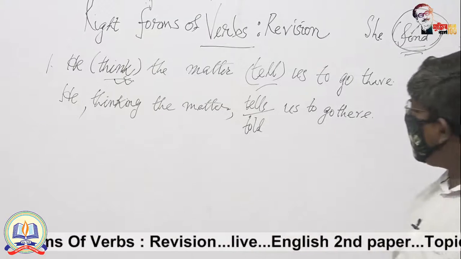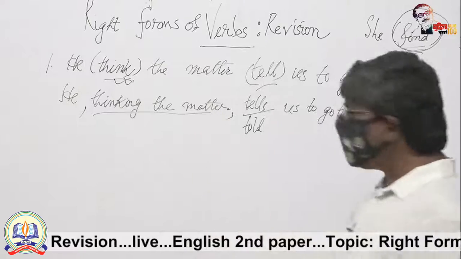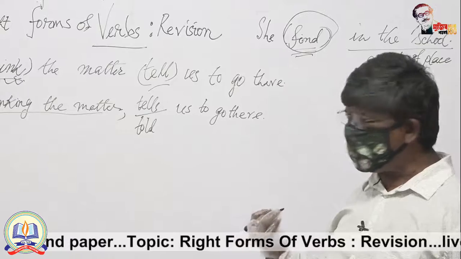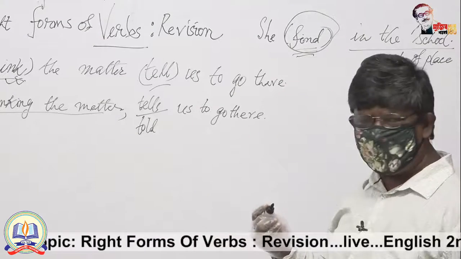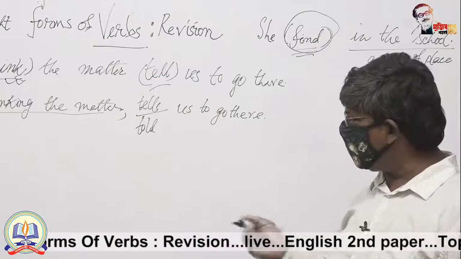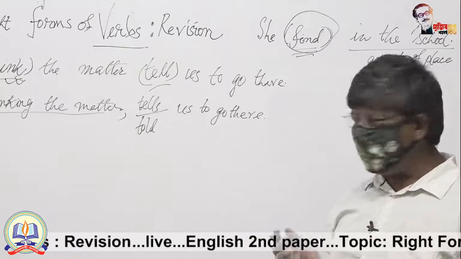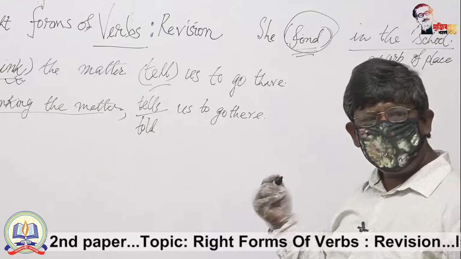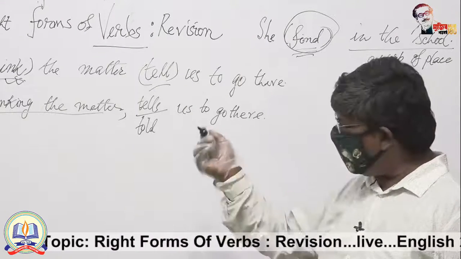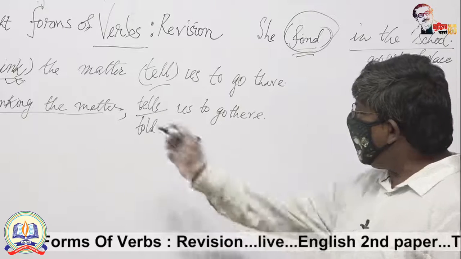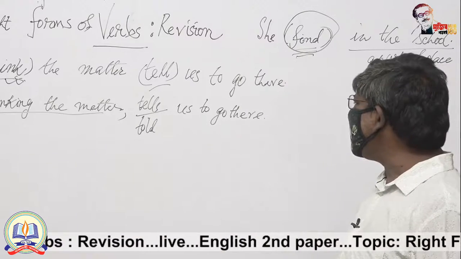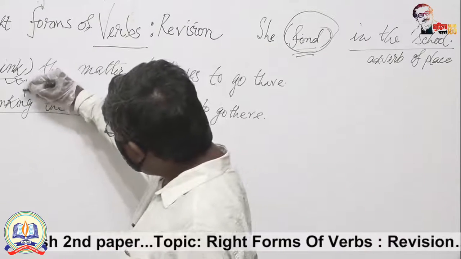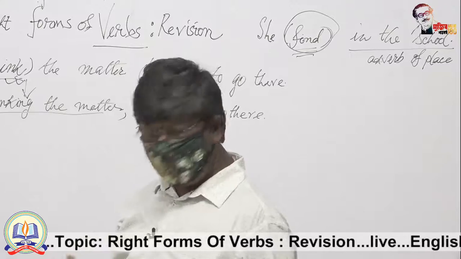He thinking the matter as the modifier. In the class in which I discussed modifiers, I told you that present participle phrases can be used as post modifier. Thinking the matter actually functions here as the post modifier of the pronoun he. He thinking the matter tells us to go there. This think is used in the present participle form.